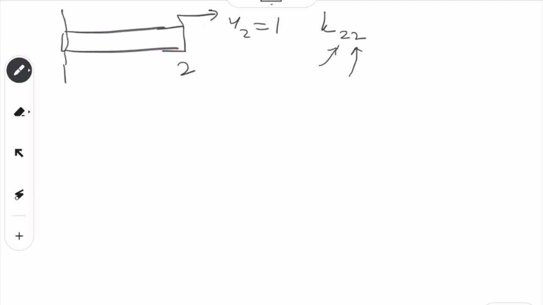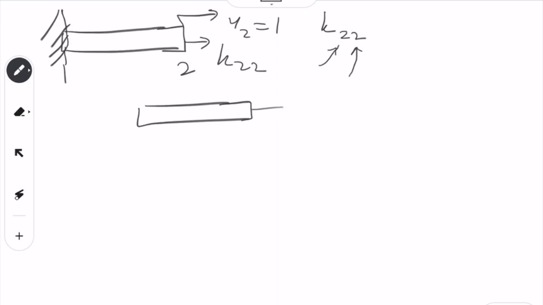So, you are fixing node 1. Again, in this case as well, the force that you will measure will be K22, and we can write like this.